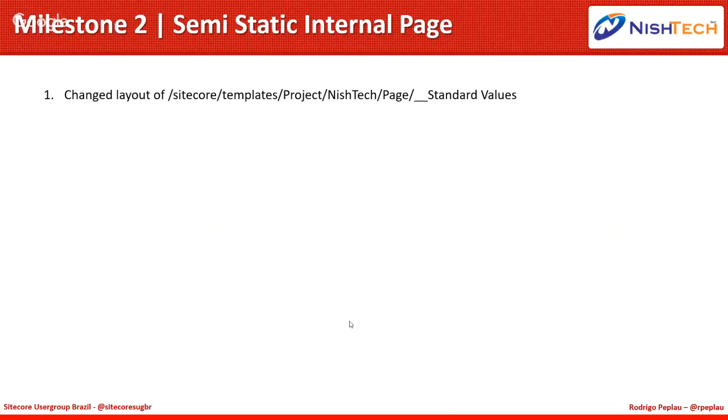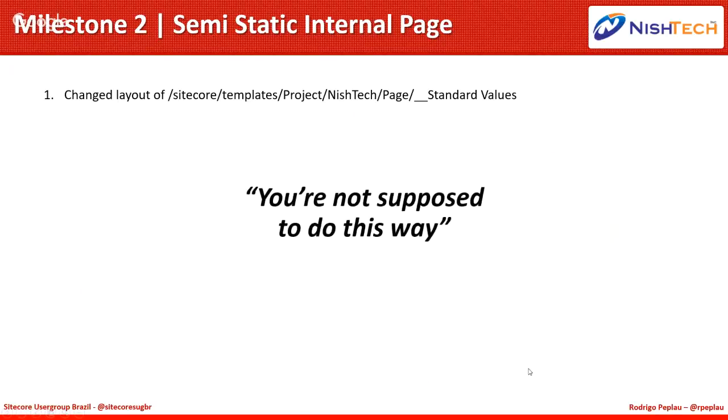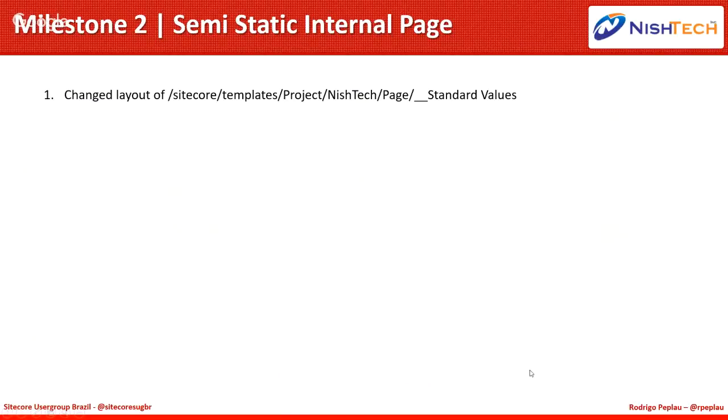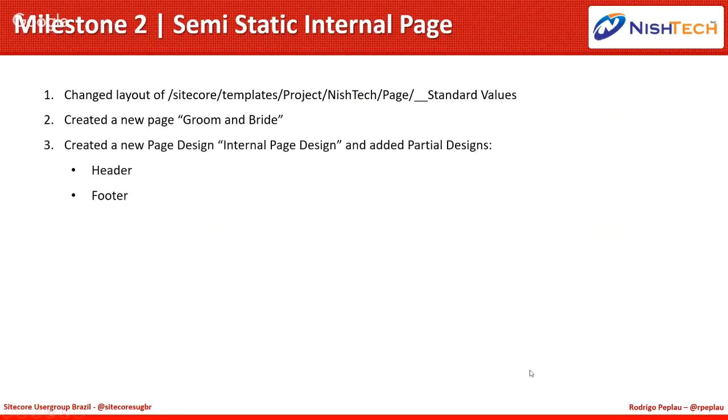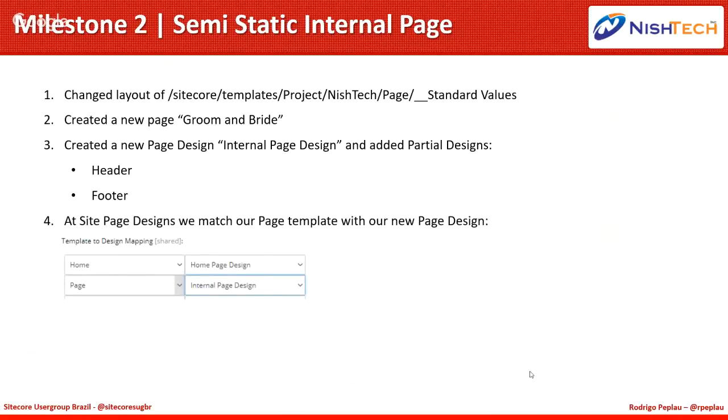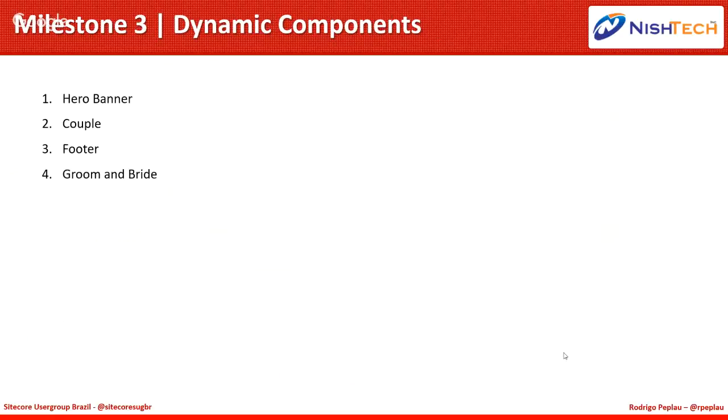We started by creating a new page, and again, changing the layout. I would like to tell you again, don't do this. Anyhow, we created our page and added all the partial designs to it so it can look like our stuff. And we added a hero banner and etc.